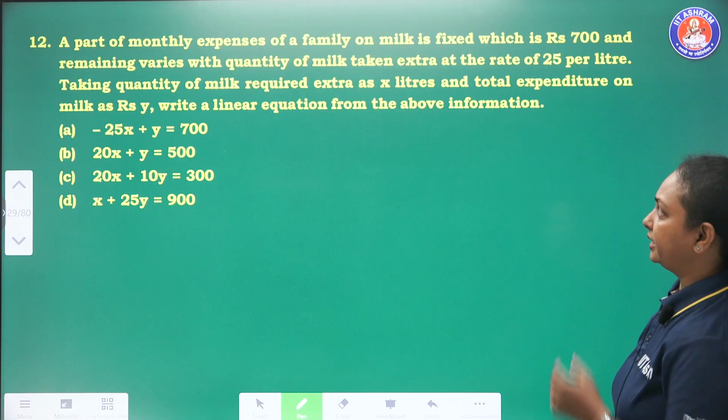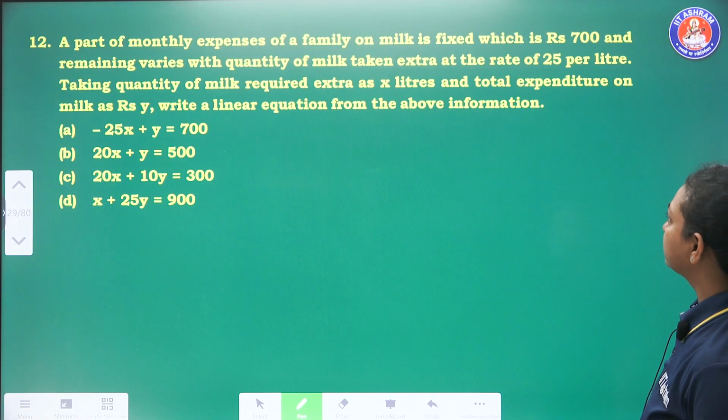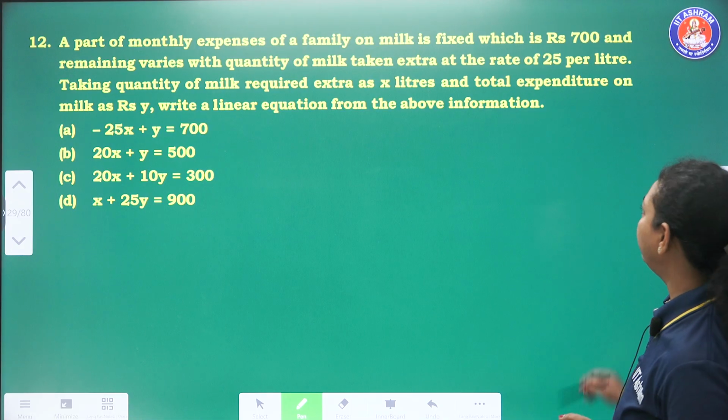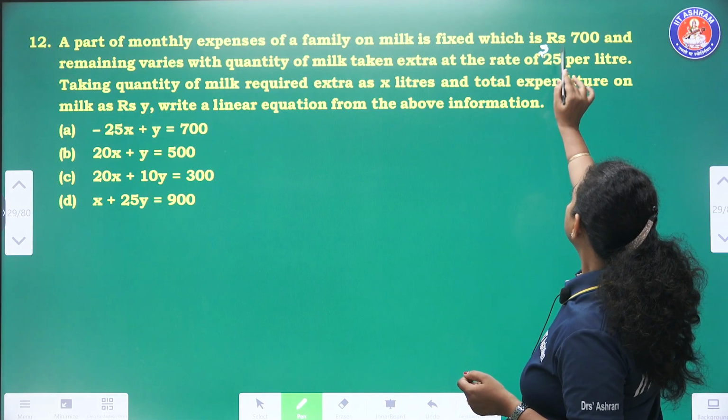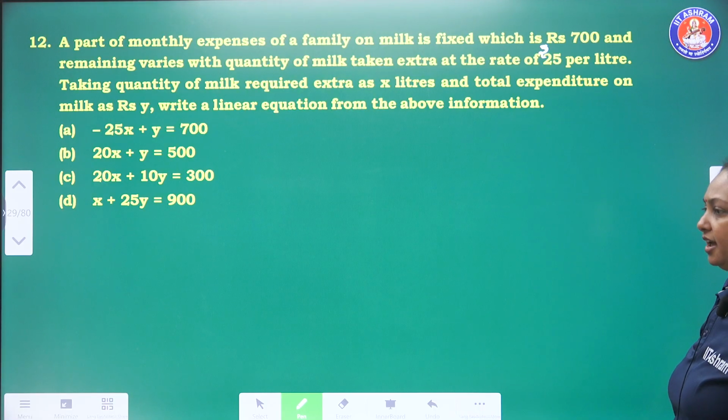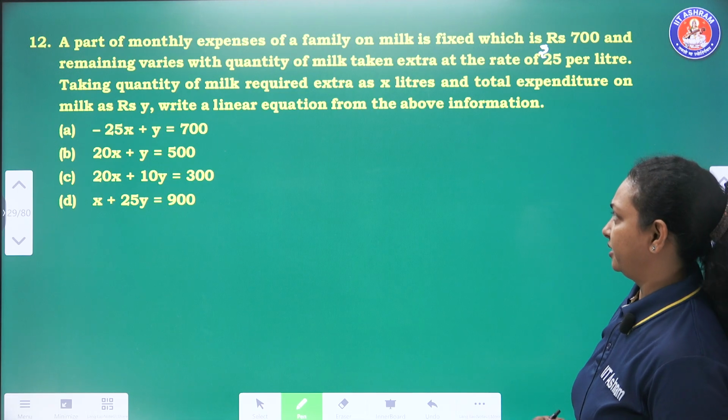A part of the monthly expense of a family on milk is fixed, which is rupees 700, and the remaining varies with the quantity of milk taken extra at the rate of rupees 25 per liter. Taking the quantity of milk required extra as x liters, we have to find the correct linear equation.